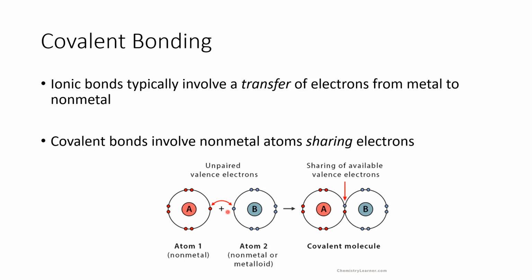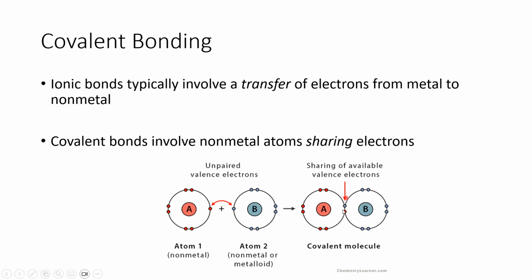So with the covalent bonds, the reason this is going to satisfy the octet rule, or the duet rule in the case of hydrogen, is because these shared electrons now count towards the valence shell of each of these atoms. So if we look at the molecule here, atom A and B each have 6 valence electrons on their own.